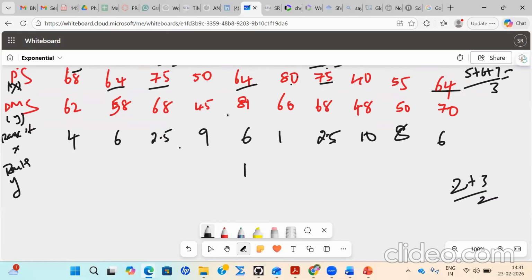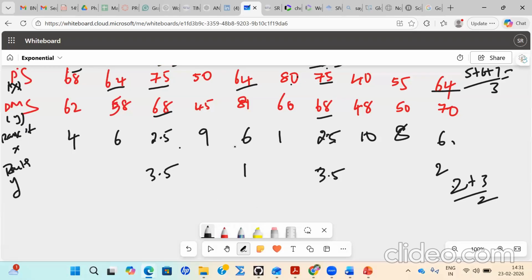The next highest is 70, which will get 2. The next highest is 68, which is repeated twice. So take the 3 and 4 average: 3 plus 4 by 2 is 3.5. So both will get 3.5.